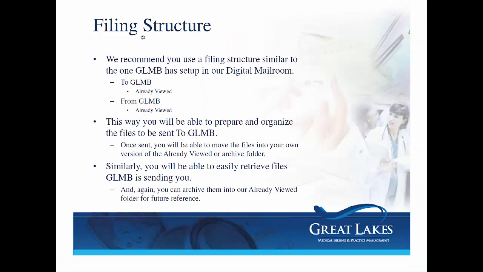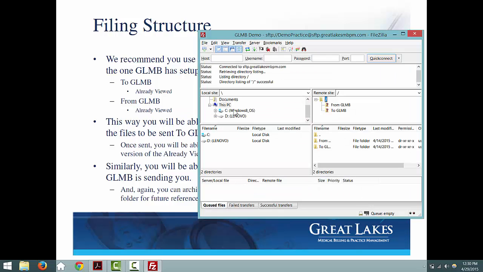Okay, so in the filing structure here, what I'll do is just give you the basic overview as far as what we're looking at on the screen. In this top section, it's a bunch of status messages. Don't really worry about that unless it's unsuccessful. If it's not connecting, you might have something in here that indicates something's not set up right, or you might have typed the password in wrong, things like that.